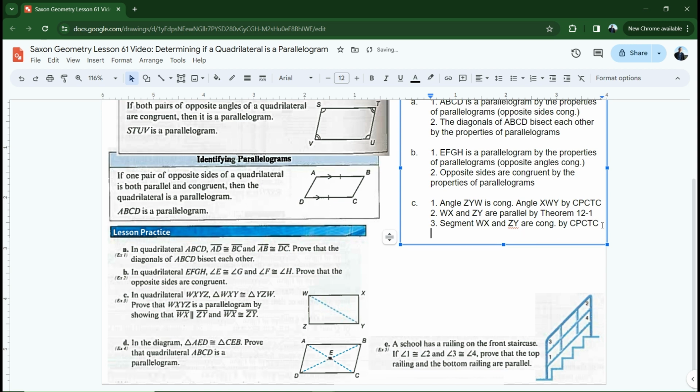So now, number 4, I could say that WXYZ is a parallelogram by the properties of parallelograms. I'm just going to say parallel, congruent, opposite sides. All right, so we use the third property here to prove that this is a parallelogram.